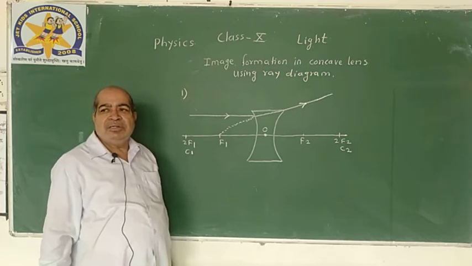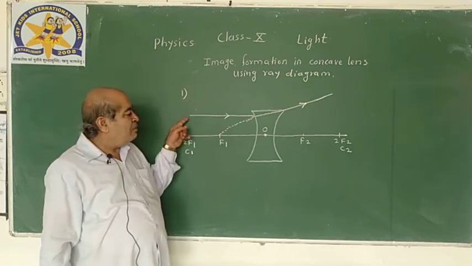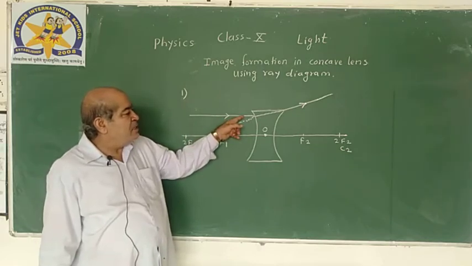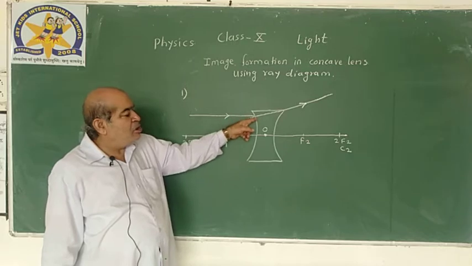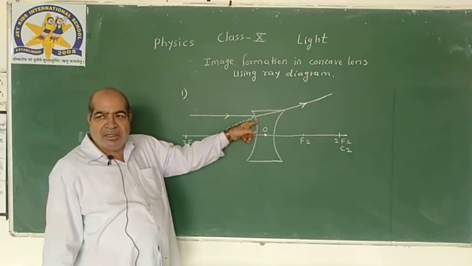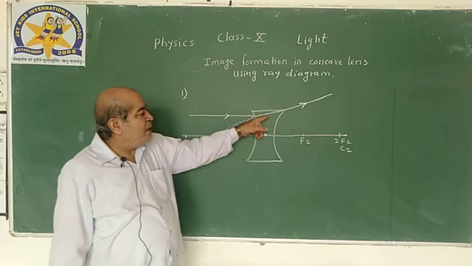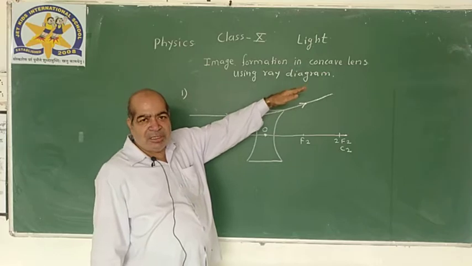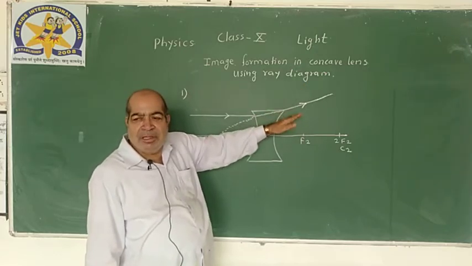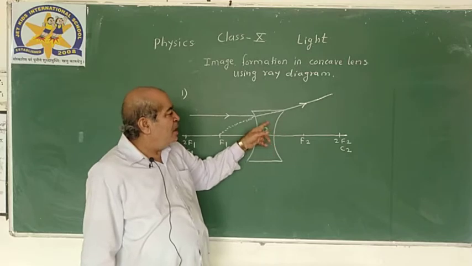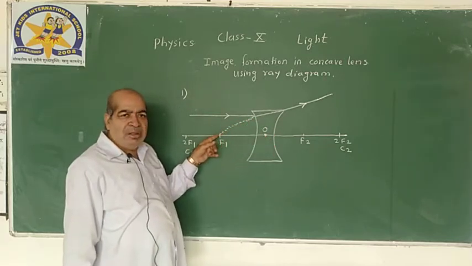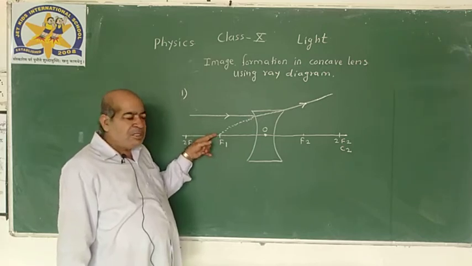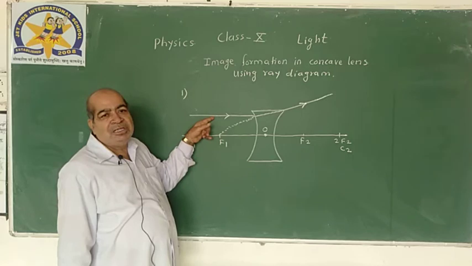What is the first rule? When a ray of light parallel to the principal axis is incident on the concave lens, after refraction, the ray of light diverges, means moves away from the principal axis, and it appears to come from the principal focus on the same side of the incident ray.